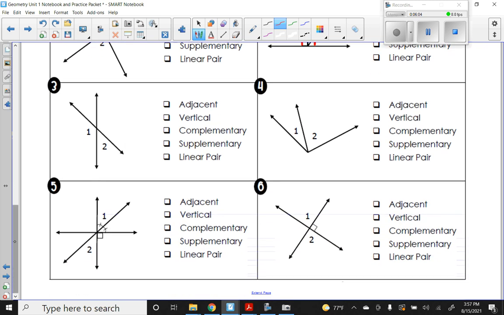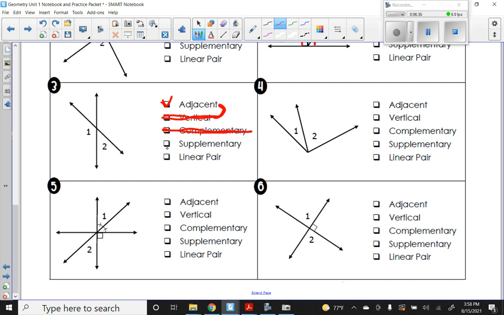Take a look at number 3. Let's check it off. Are they neighbors? Yes. You cannot be vertical and adjacent. You have to be one or the other or neither, but you cannot be both. So they're not vertical. Are they complementary? Do you see a right angle box? They're only complementary if you see a right angle box.